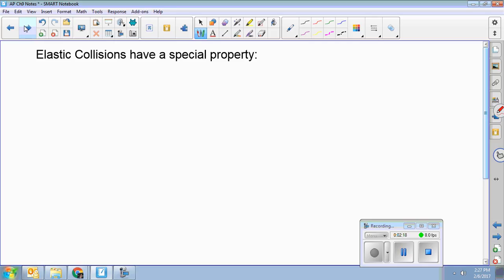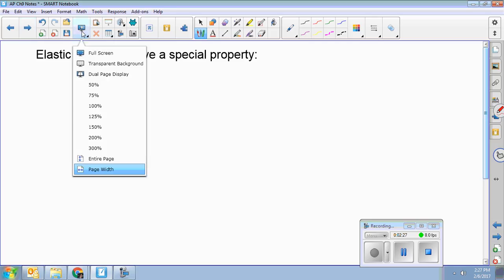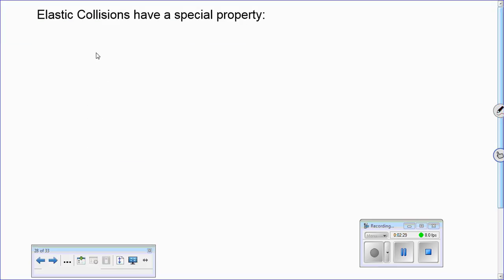Okay? So, here's the deal. Elastic collisions have a special property. So I'm going to go through a whole bunch of algebra, so buckle up. All right, here we go. The first property we have is this. Number 1. Any collision, assuming you've just got 2 objects, so I'm going to keep things simple here, has the change in momentum for object A equal and opposite to the change in momentum for object B, right? In other words, whatever's lost by one is gained by the other.